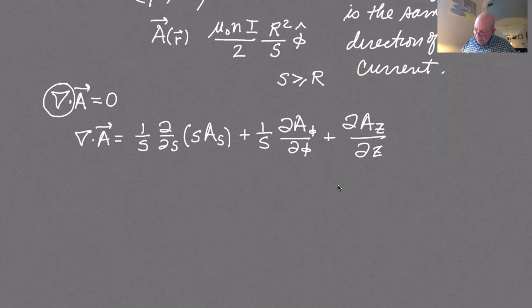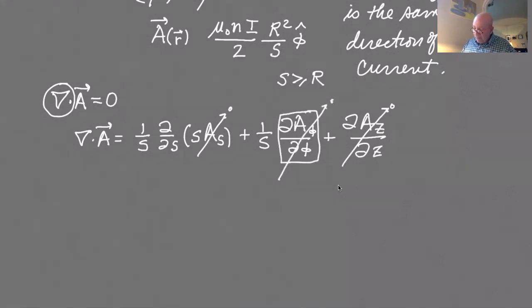Okay, so A S is 0, A Z is 0, and the A phi component doesn't contain phi as an independent variable at all. And so the change of A phi with respect to phi is 0.